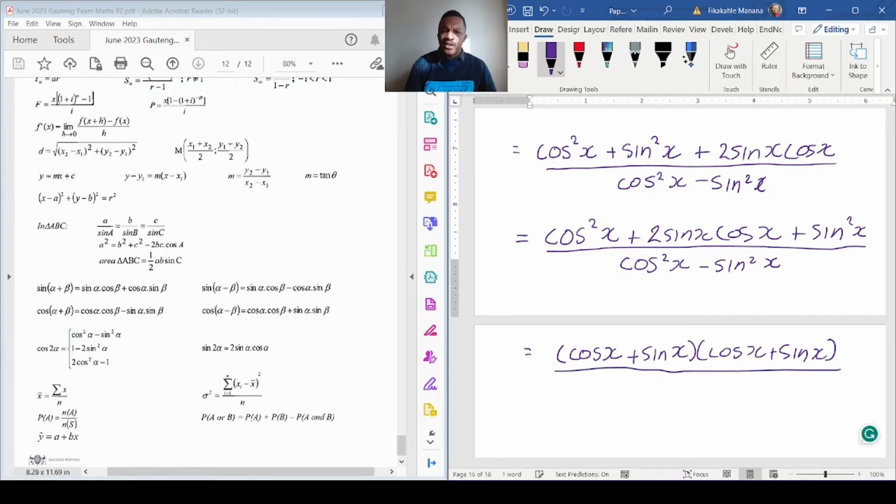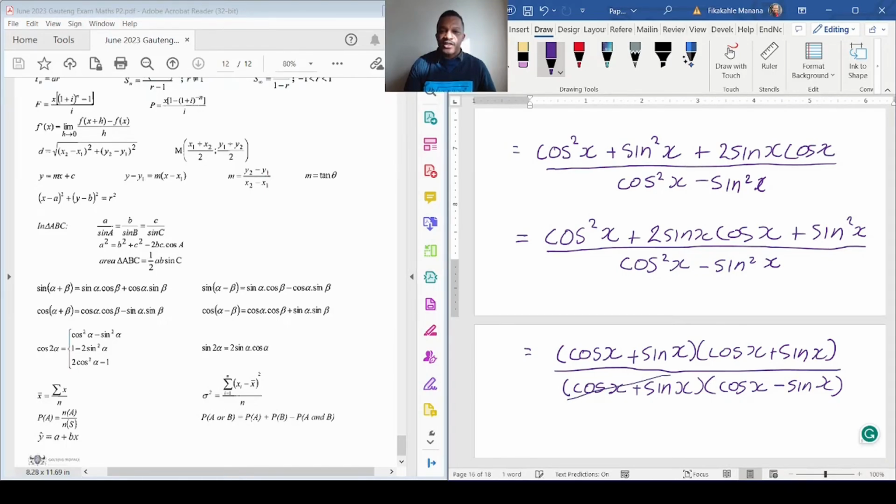Divided by, also I can expand the bottom one. The bottom one is a difference of two squares, so it becomes cos x plus sine x times cos x minus sine x. I hope you see what's going to happen now.